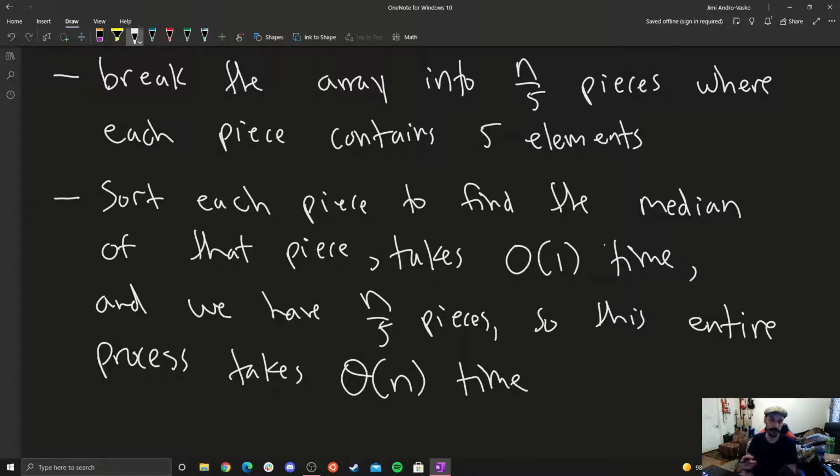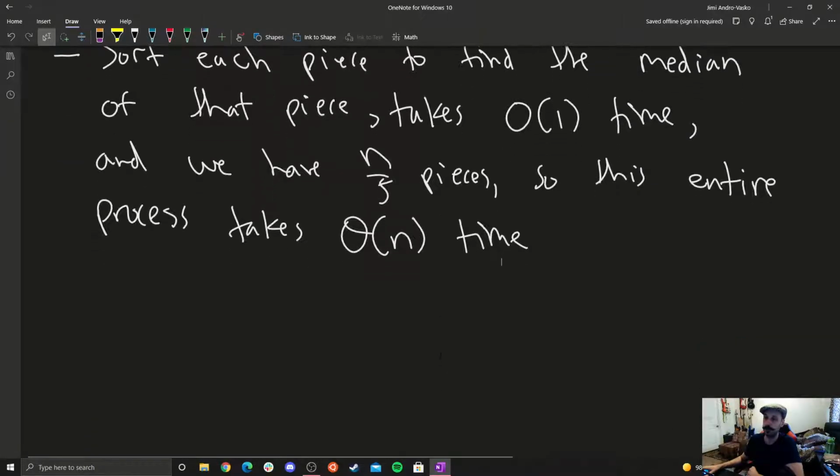These n over 5 medians take theta of n time, because each piece has 5 elements. That's constant time to find the median of that small piece, and there are n over 5 of them, so it takes theta of n over 5, which is theta of n. So in theta of n time, we can break the list into size 5 chunks and find the median of each one. It's not bad. We want to make sure we don't go beyond theta of n on any of the steps here.